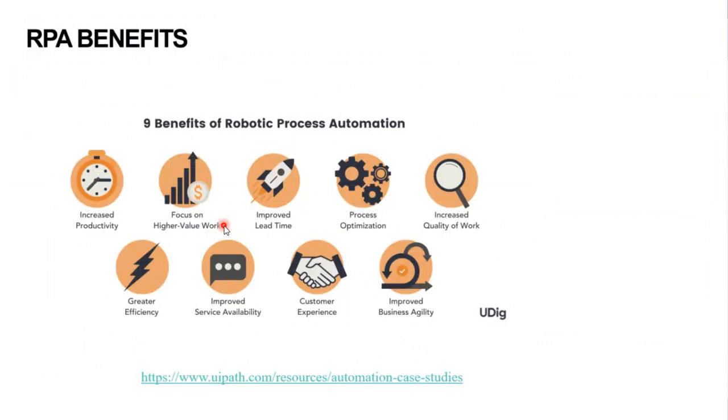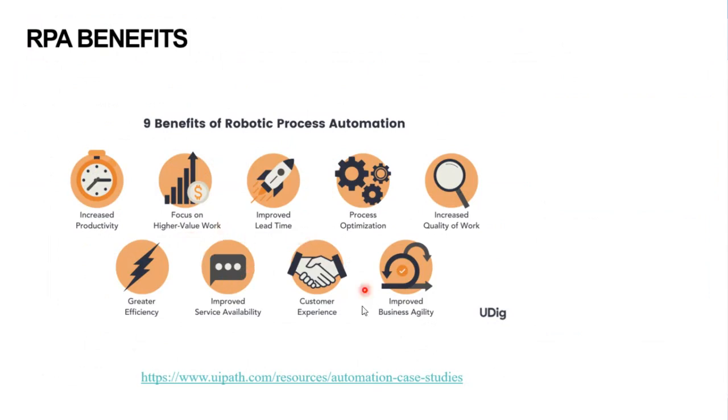So the benefits of RPAs are that you increase productivity because you can create some automated tasks. So you can focus on high value work, the things that are most important, and leave the easy tasks to the bot to handle.